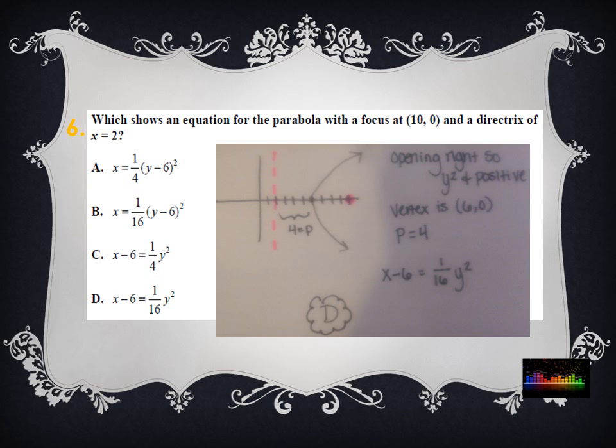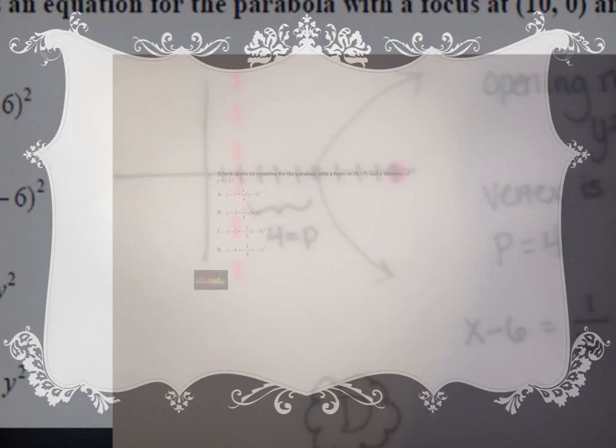So when we put it into our equation, we have our 6 with our x value, so x minus 6. Y is by itself, since y minus 0 is just y, so it's y squared. And then since it's opening to the right, it's 1 over our p value, which is 4 times 4, which is 1 over 16. So D is your answer for this problem.